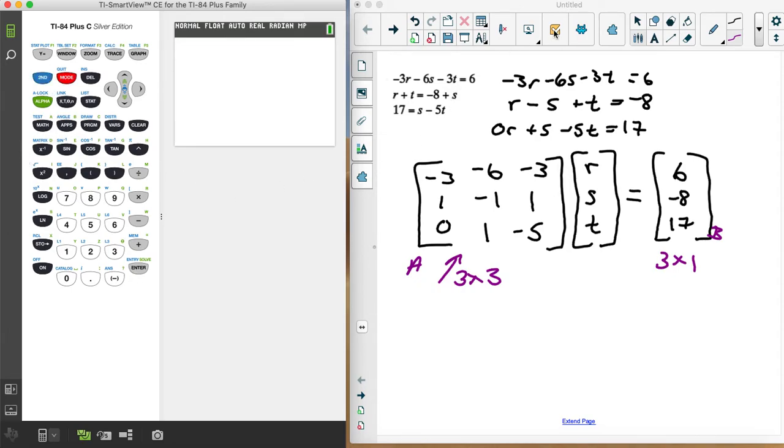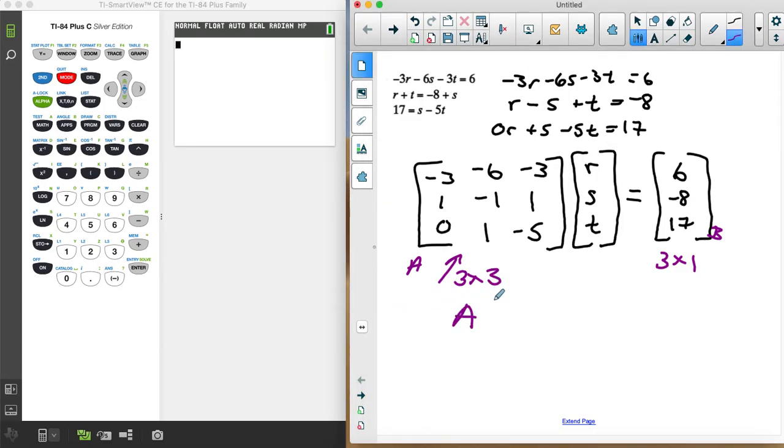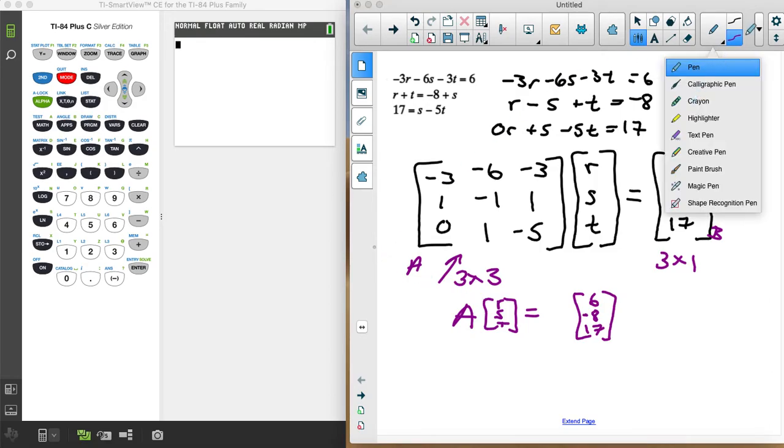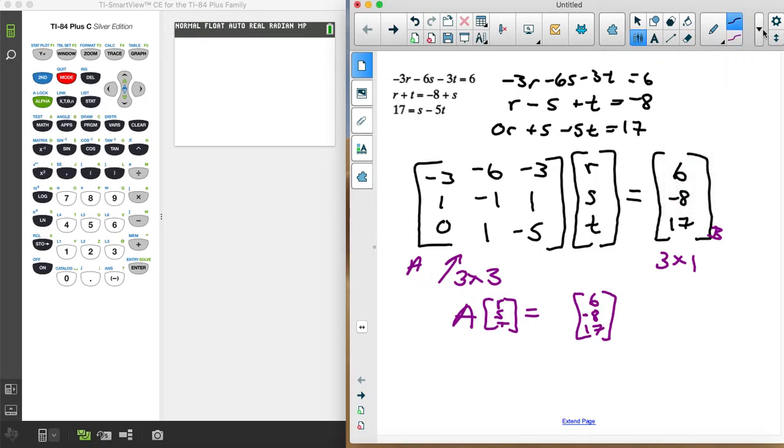And so if we look at our equation here, we have A times RST equals 6, negative 8, 17. And so what we're going to do is we're going to multiply both sides by A inverse.